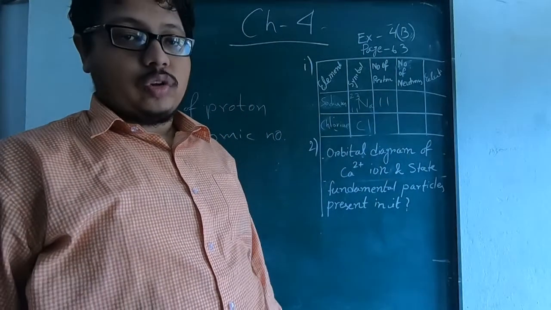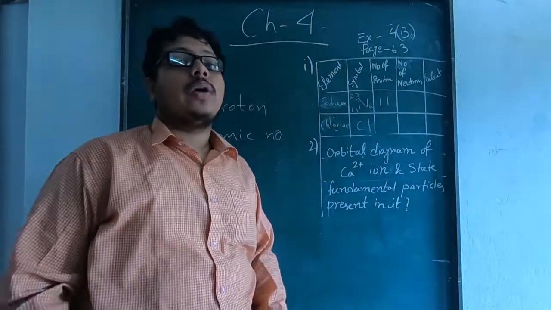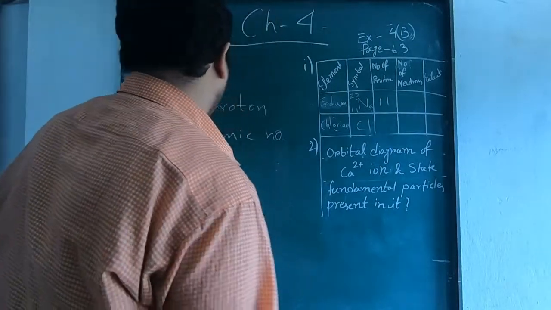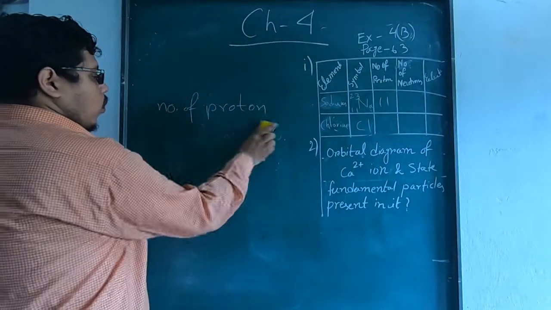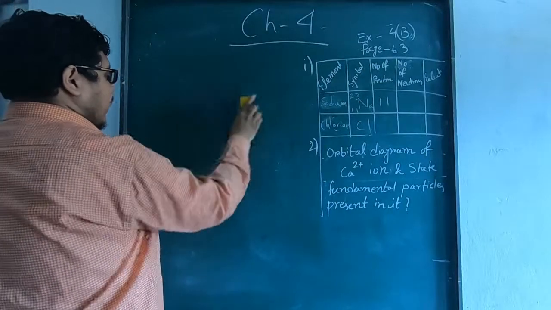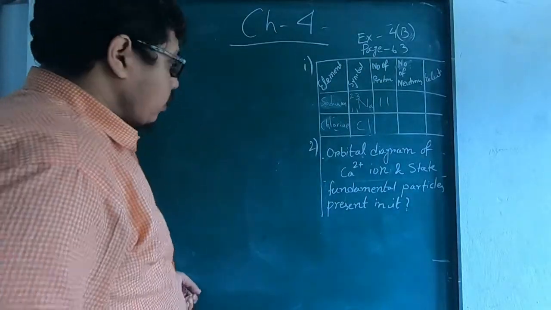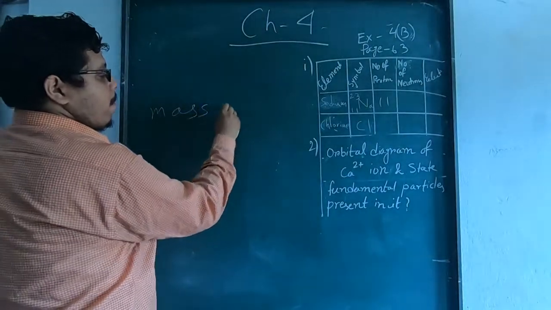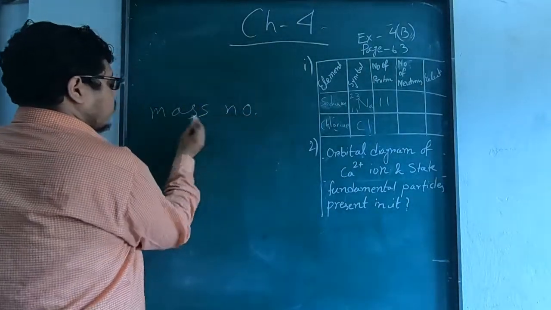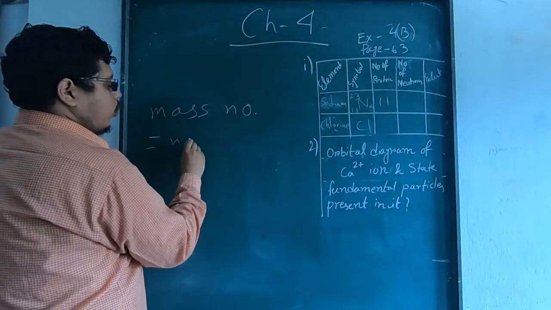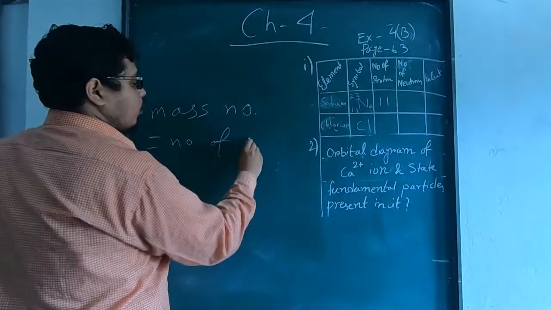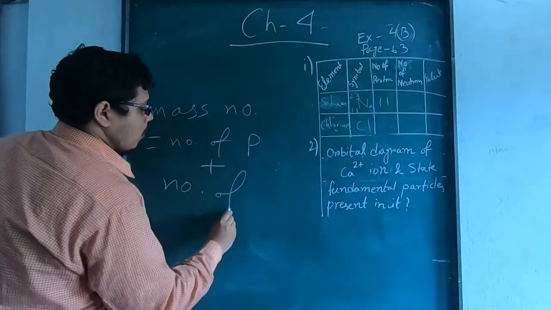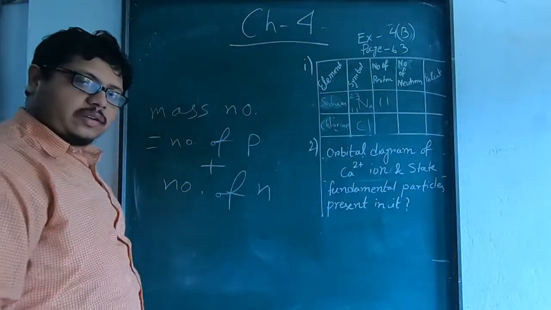Now, number of neutrons. How to find out number of neutrons? We need to remember what we learned in the last class. We know that mass number is equal to number of protons plus number of neutrons, right?